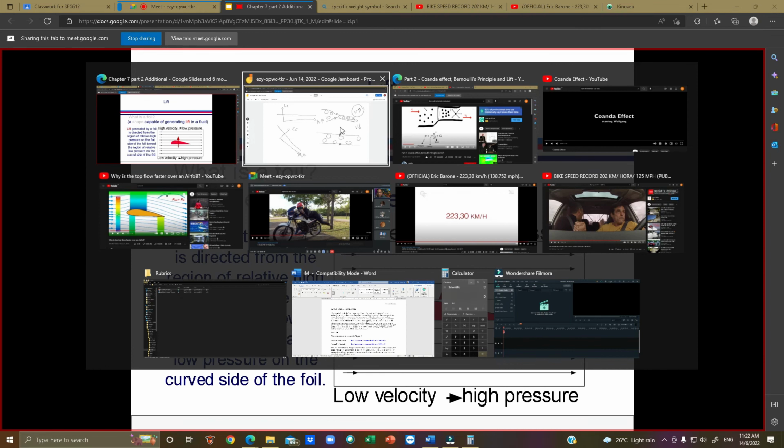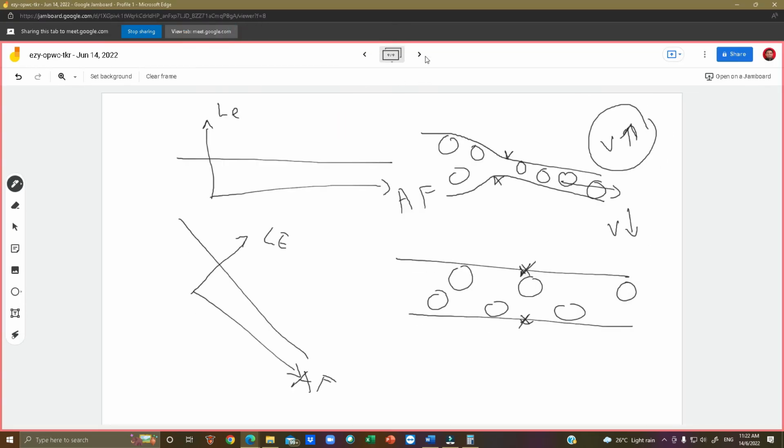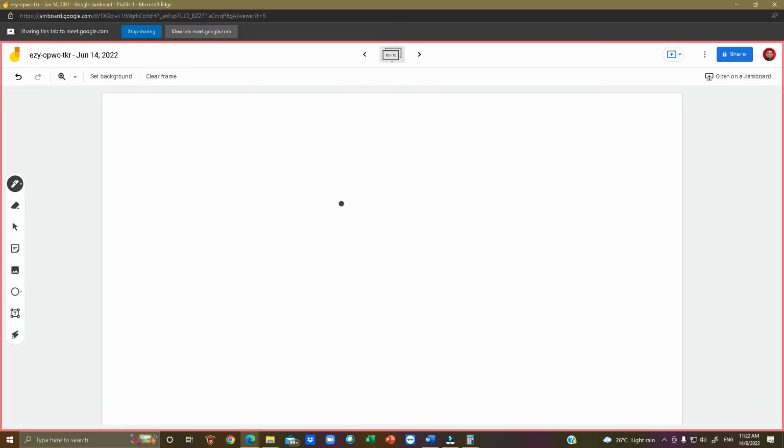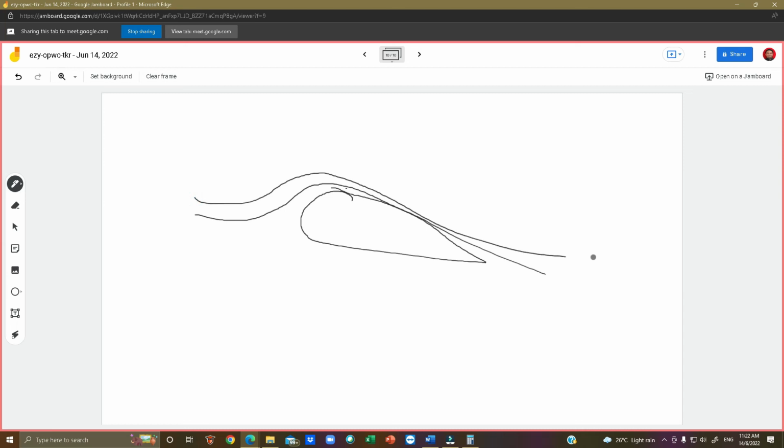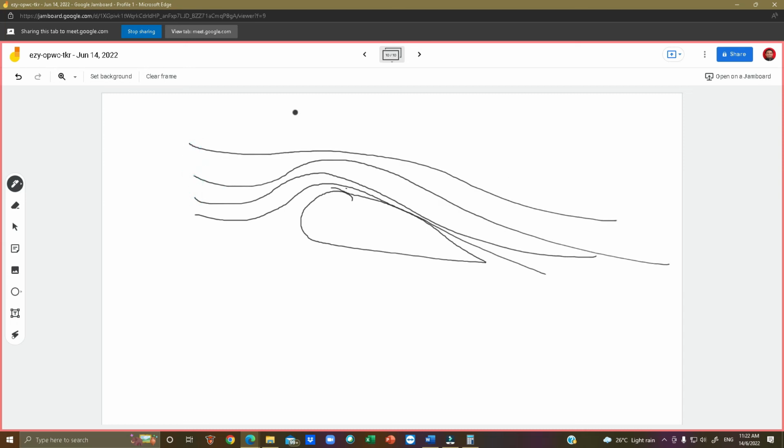Okay, it can be further explained by this. In here, okay, let's say kita ada aerofoil tu. We have the aerofoil. Okay. And to talk about pressure, kita akan masukkan line of air. 1, 2, 3, 4, and towards yang atas, line of air dia tak terganggu. Same goes here.